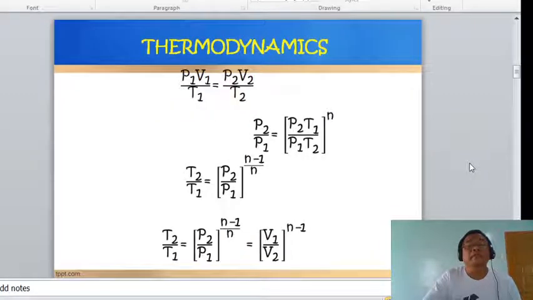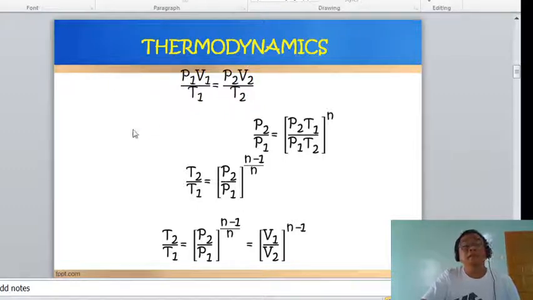Here is the derivation of the formula from the previous slides. The combined ideal gas equation is P1V1 over T1 equals P2V2 over T sub 2.